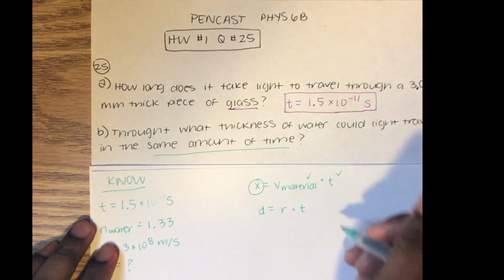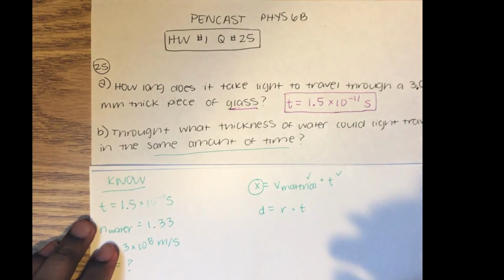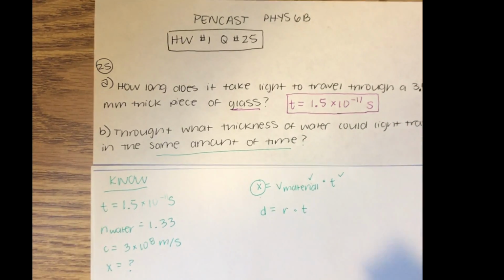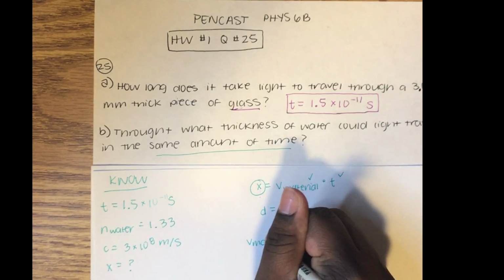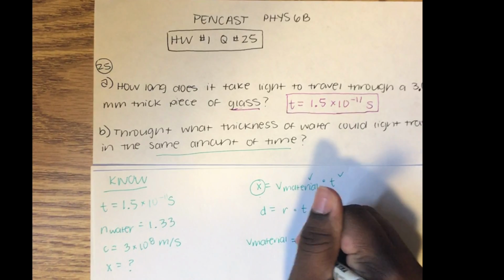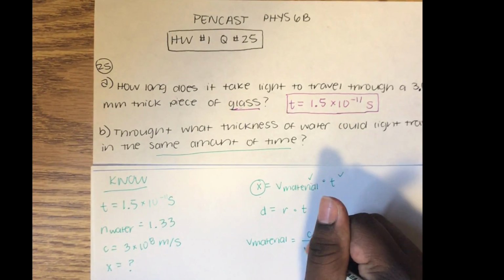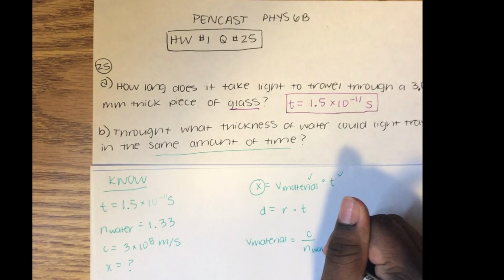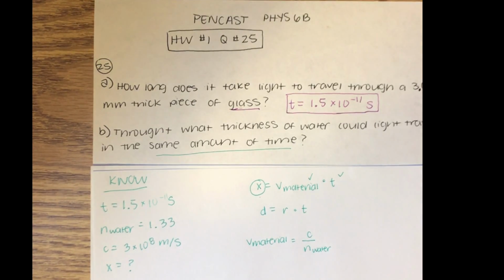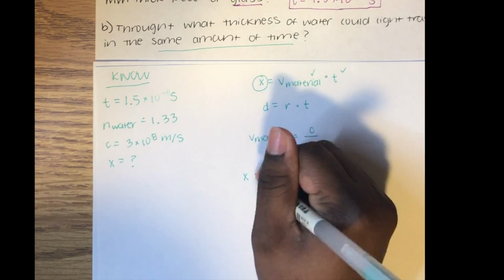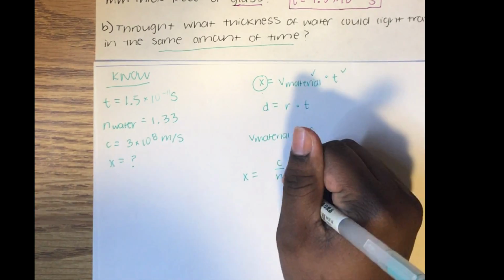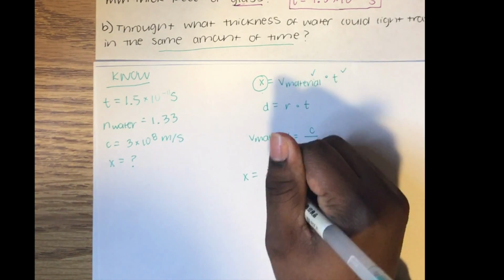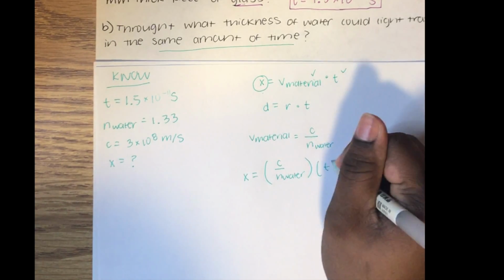So we can simply plug in these numbers to figure out what x is. V of material, which we have an equation for, is, again, the speed of light over the index of refraction. In this case, the index of refraction for water. So now we can rewrite our equation as so: c over n water times the time.